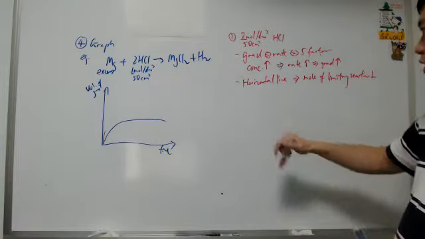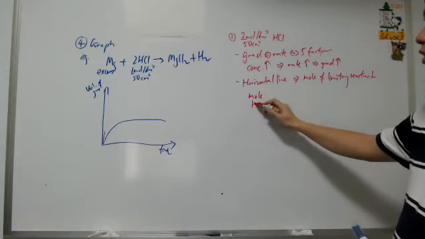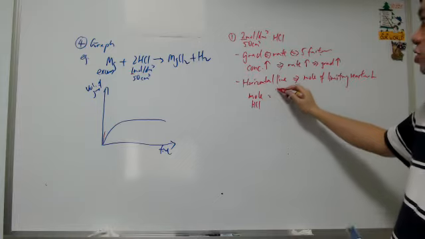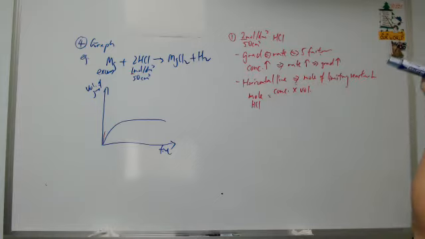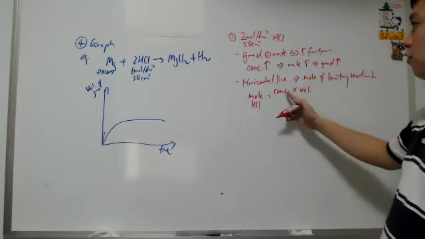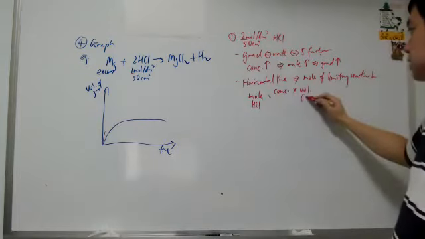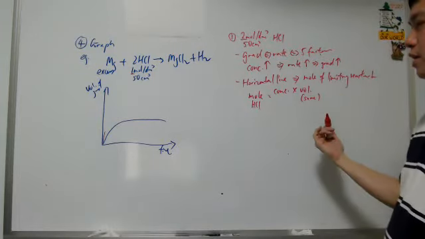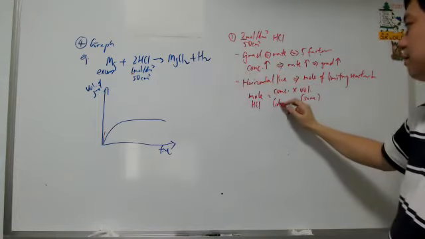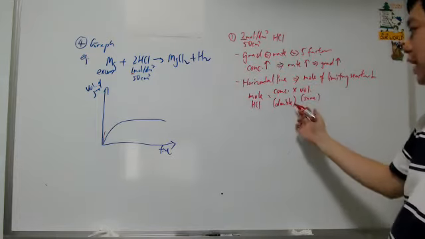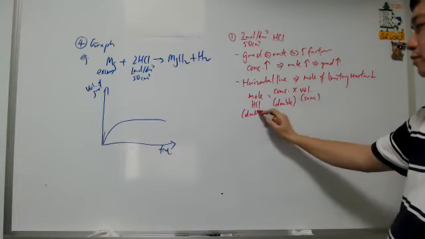For this question, the one relevant to mole is the mole of HCl, and mole of HCl is concentration times volume from the values given here. Comparing the question with the original values, the volume is the same, both 50 cm cube. Concentration is 2 here and 1 there, so the concentration is double. If concentration is double and volume the same, your mole will also be double.